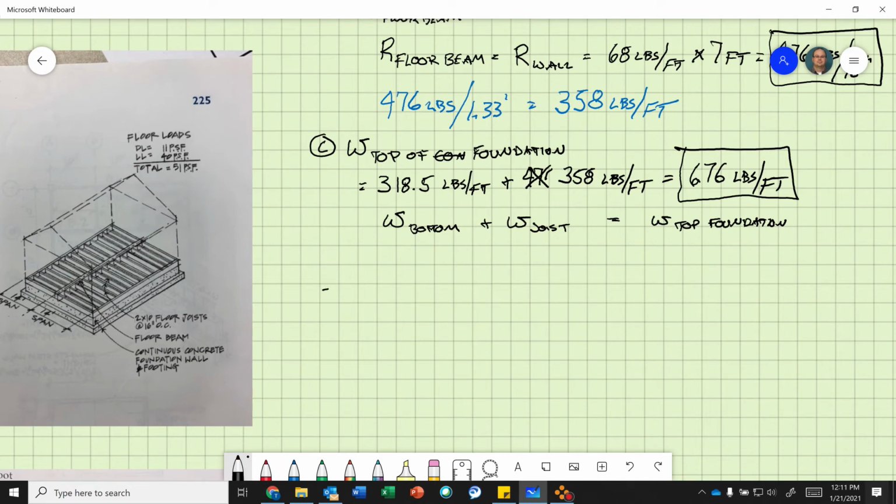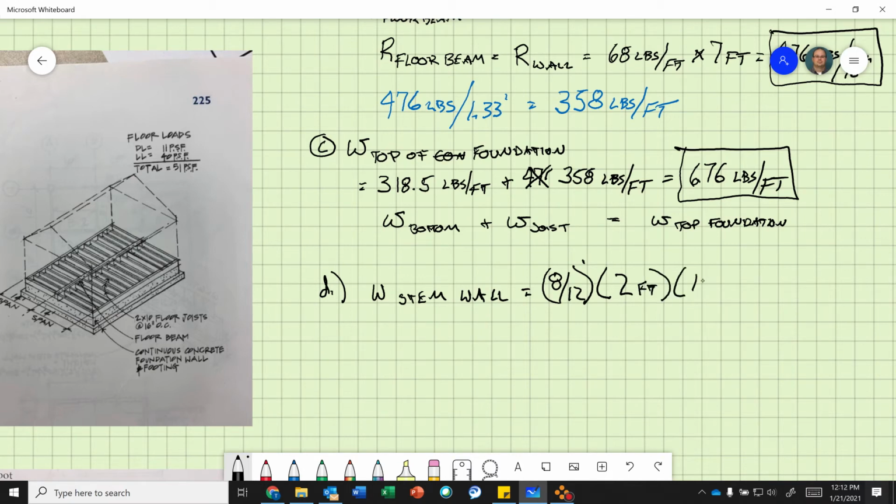Okay, so this is part D. We know the weight, I'm going to say W stem wall. That equals 8 divided by 12 feet times 2 feet is the height.